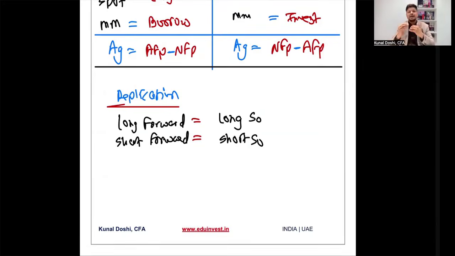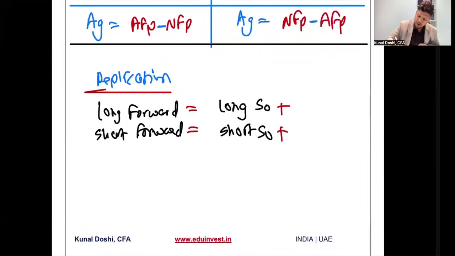Asset, I am writing S0. S0 is the current price, right? Long an asset and short an asset. But what is borrowing called as? Borrowing is also called long bond or short bond.